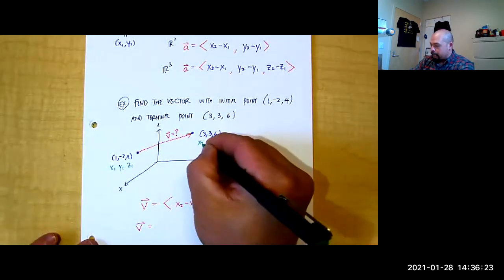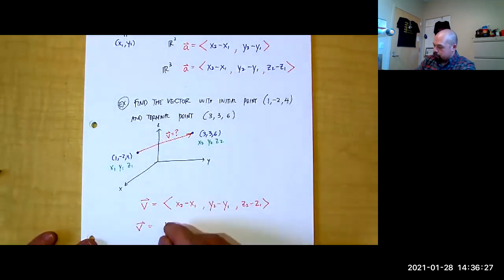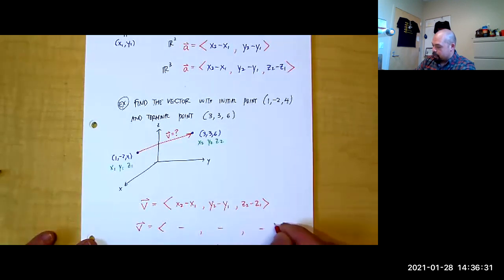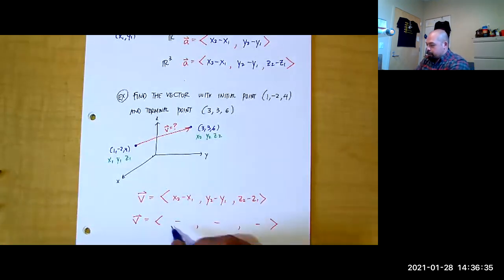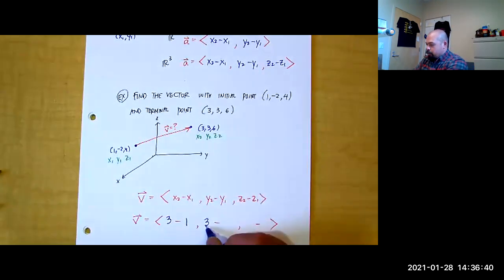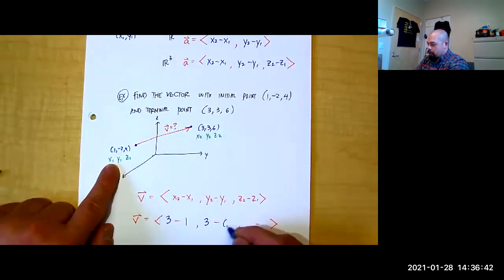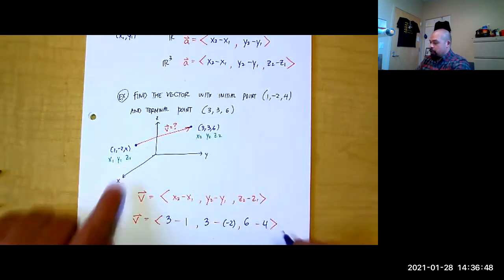Here's my terminal point, x2, y2, z2. So if we start to plug in, again, that series of differences, how far do we need to go in each of those directions? X sub 2, 3 minus x sub 1, 1. Y sub 2, 3 minus y sub 1, -2. Watch those signs. Z sub 2, 6 minus z sub 1, 4.